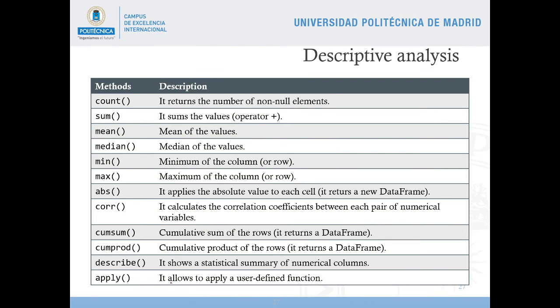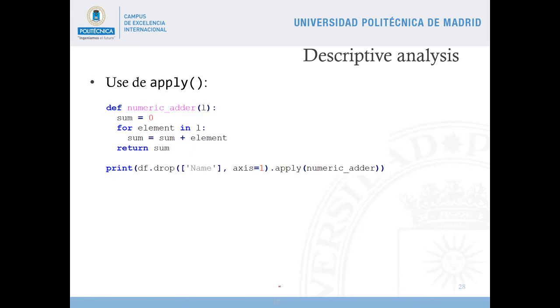And apply allows you to create your own function and apply it to a column, sorry. So for instance, let's see an example with this. We are going to create a numeric adder.